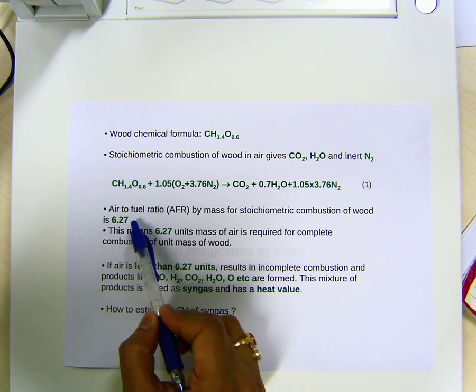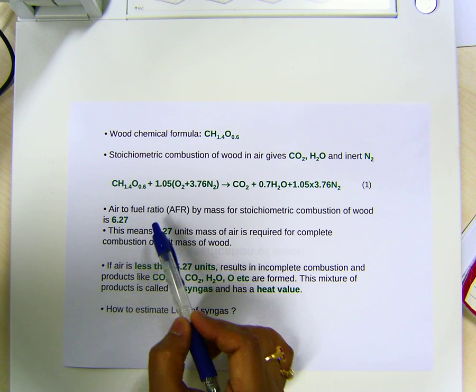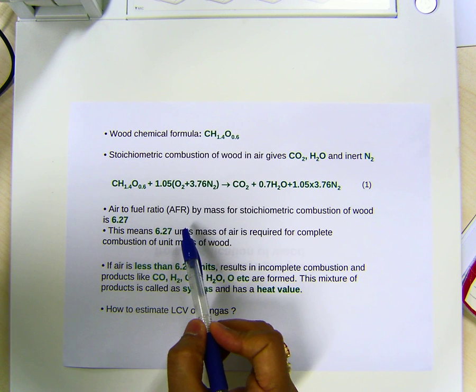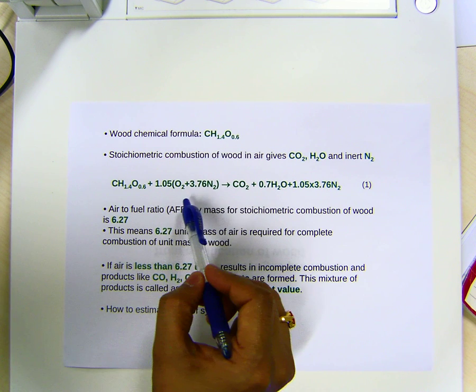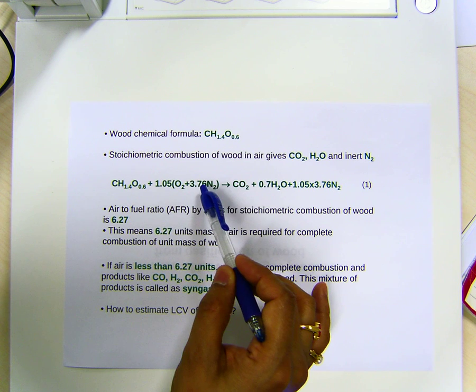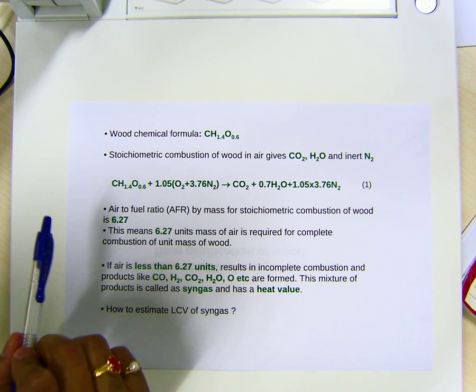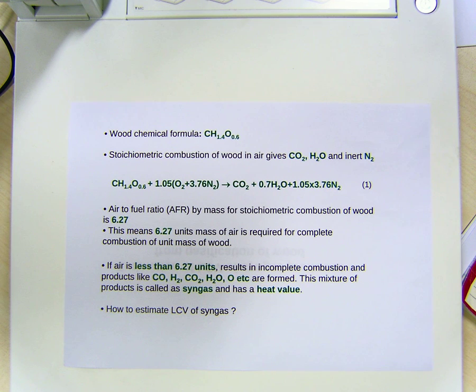By calculating the air fuel ratio, we get the value as 6.27. So what does it mean? It means 6.27 units, either in grams or kilograms, of air is required for complete combustion of 1 unit mass of wood.